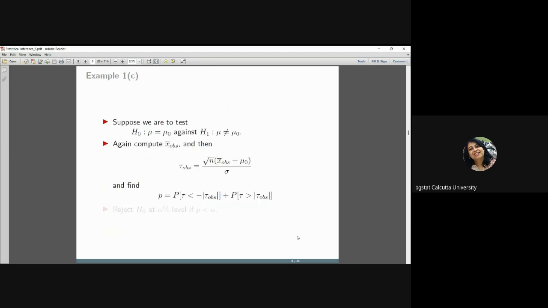If I have a two-sided alternative, then as before, I calculate tau observed. Note that tau observed can be positive or negative. If you look at the expression for the p-value, you see that there is a modulus of tau observed. What that means is it's just the value of tau observed without the sign.